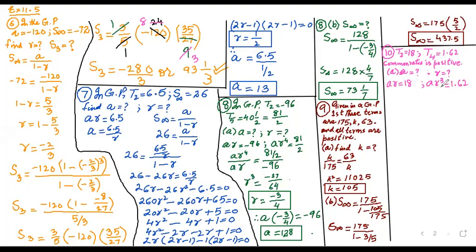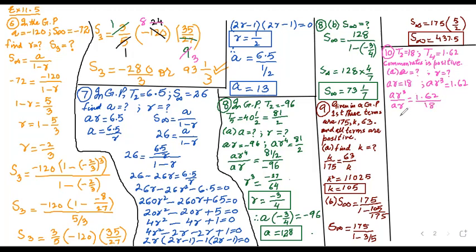So dividing this equation by this equation, AR cube upon AR will be equal to 1.62 upon 18.